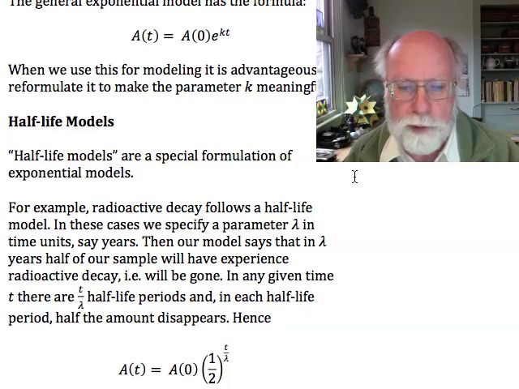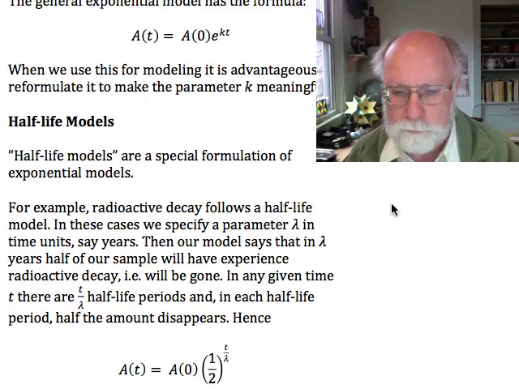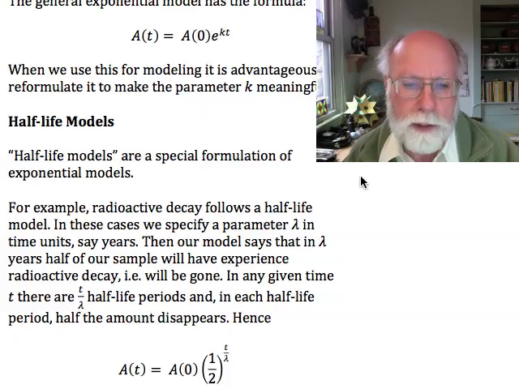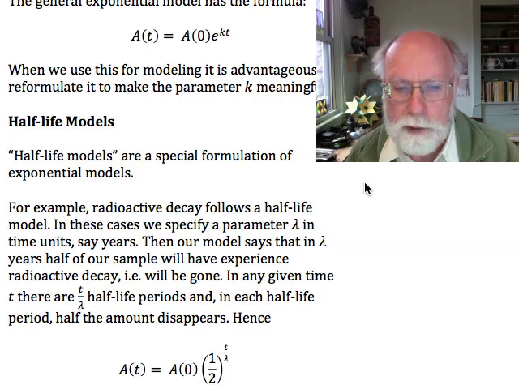When you have a radioactive substance, there will be a parameter associated with it, always denoted by the Greek letter lambda, which is the number of years it takes for half of the atoms in that sample to undergo radioactive decay. As they do that, they disappear as the original substance and reappear as the decay products. And so every lambda years, half of your sample will disappear.